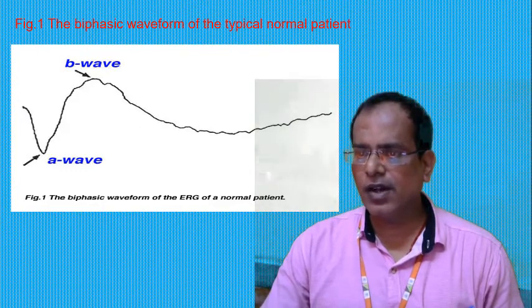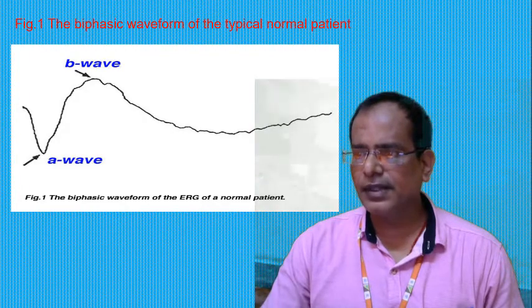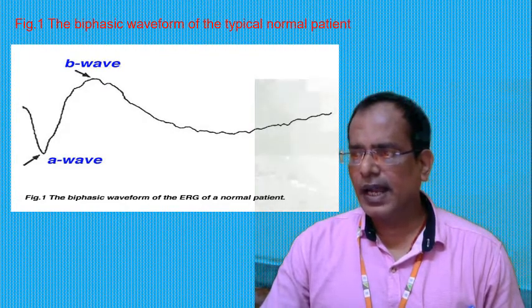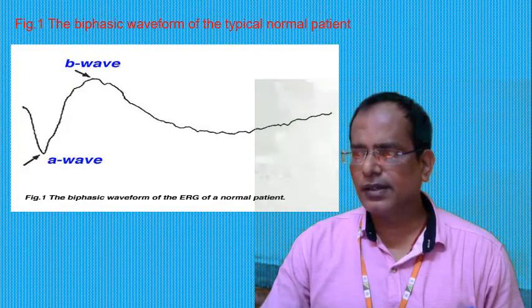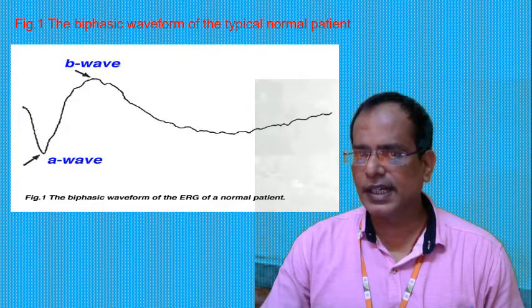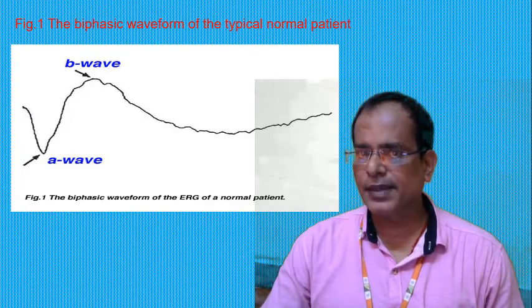The flash of light elicits a biphasic waveform recordable at the cornea, similar to the EOG, and you are seeing this in figure 1. When a flashlight falls on the eye, the A wave and B wave are obtained.